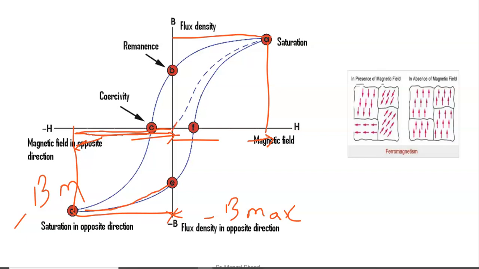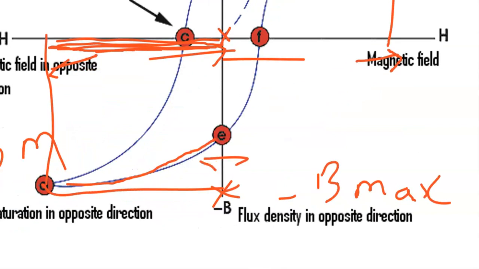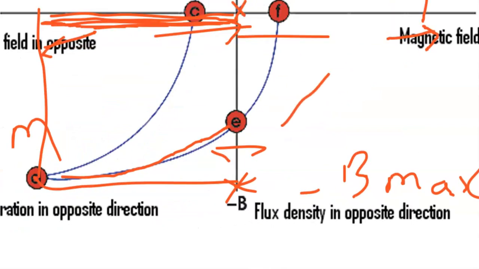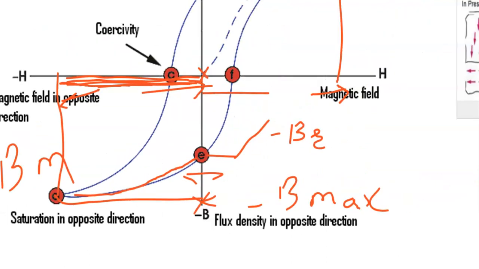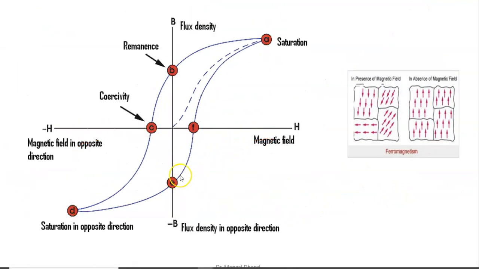And at a certain position, even if the applied force is 0, still remnant flux density is there, but in the negative direction, minus Br. So this is minus Br.